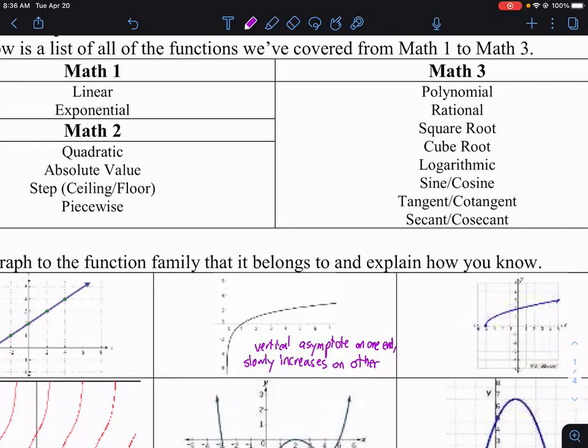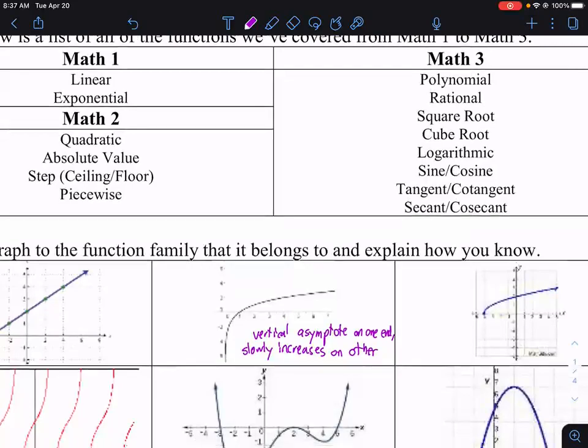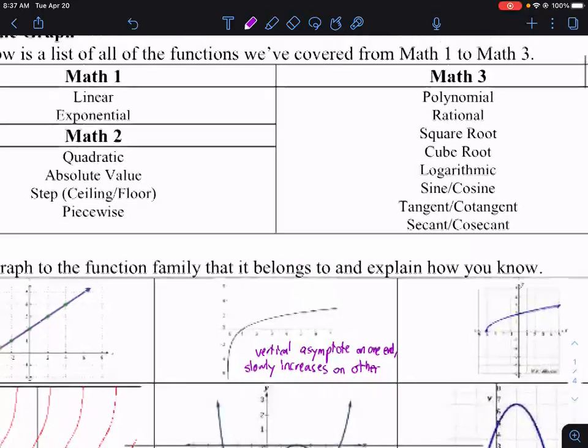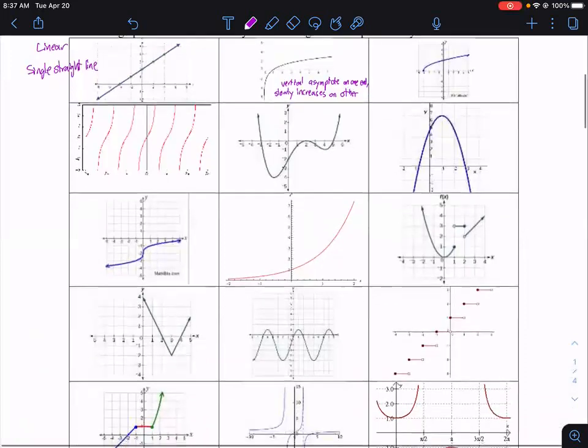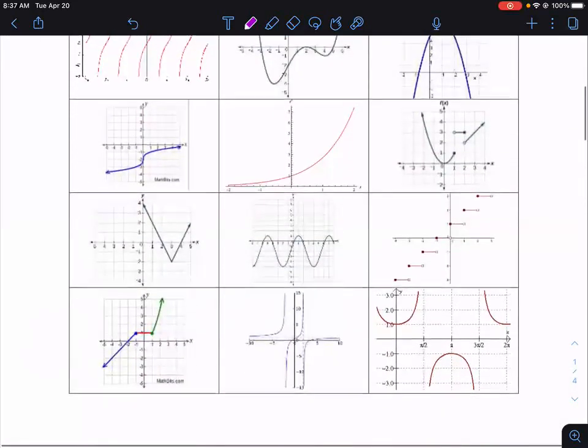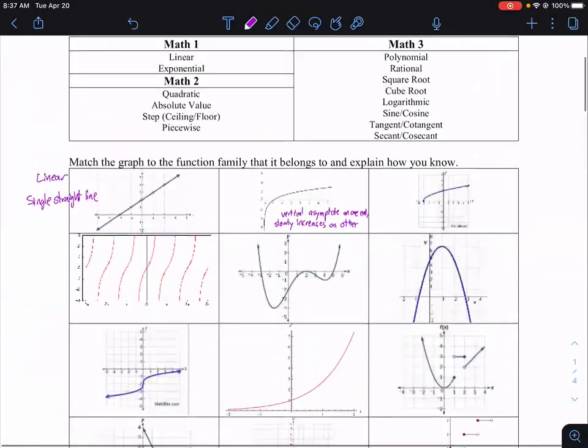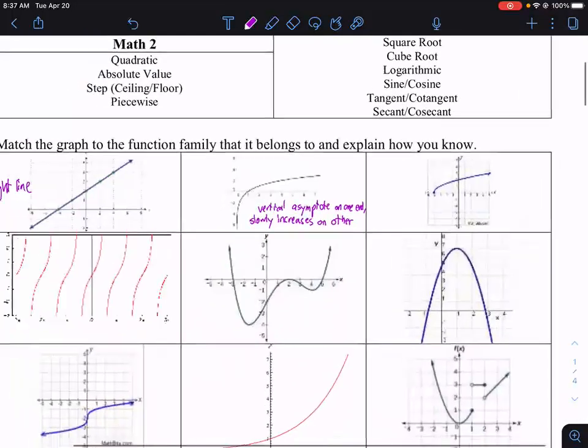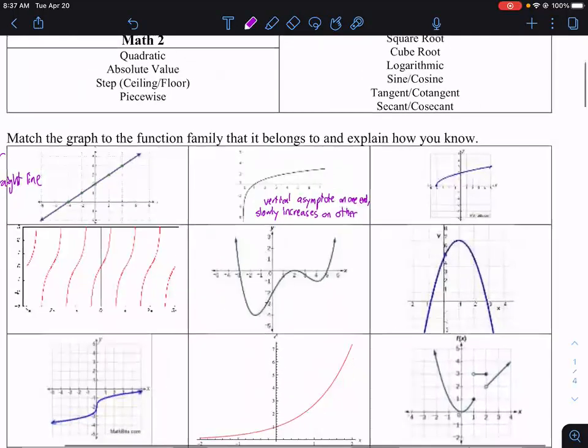Does anyone think they remember which type of function would have this shape? Maybe you want to skip it and come back then. I believe every function family is used once. Okay, so I'll tell you this one.